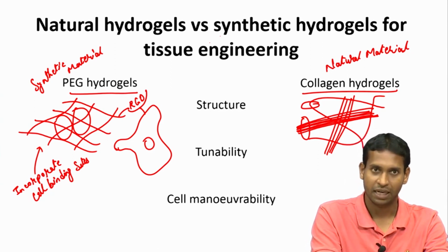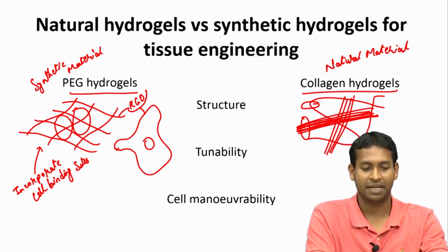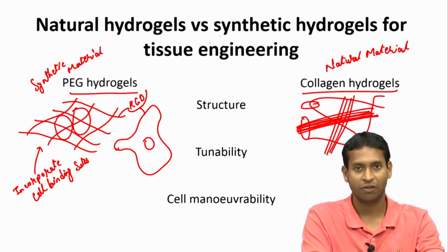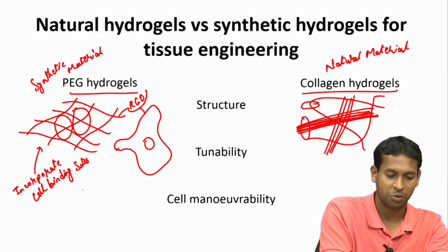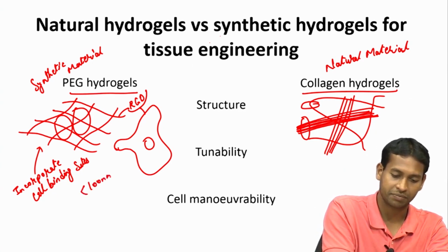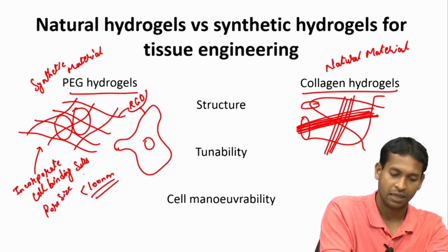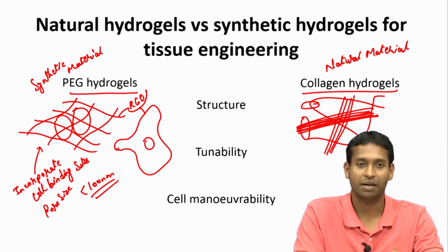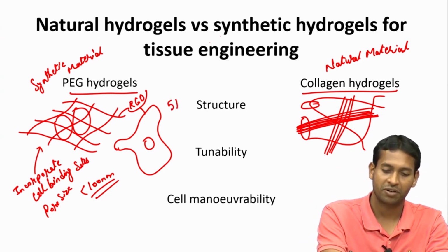So that is one. The other is, what if the cell wants to move around? The way the system is set up, these pore sizes are fairly uniform, because these are single chains, and to form a hydrogel you need quite a bit of chain. So these pore sizes are always less than 100 nanometers. Now when we talk about cells, at least mammalian cells, they are typically always greater than 5 microns.